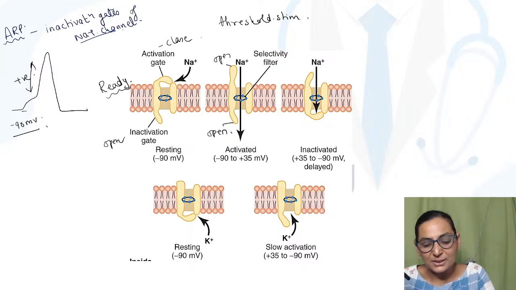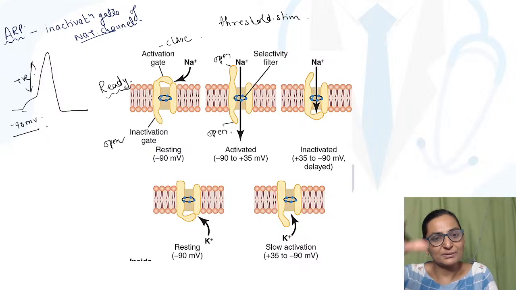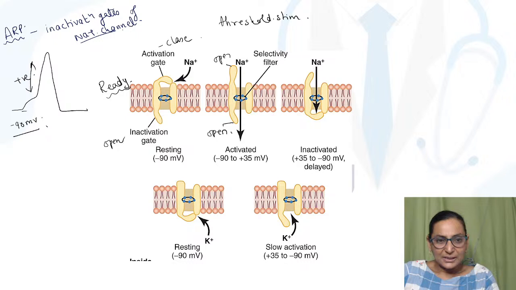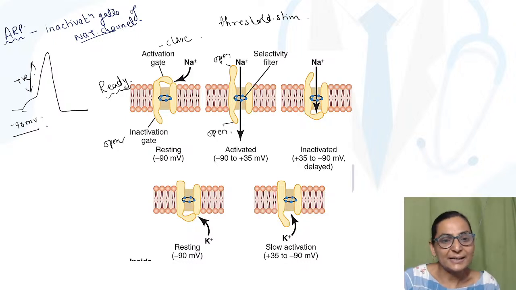So first was the -90. The channel is supposed to be ready to give a response. So as soon as you give a threshold stimulus, the inside gate, which we called the inactivation gate, is already open, and the outside gate will open and the sodium will come inside.